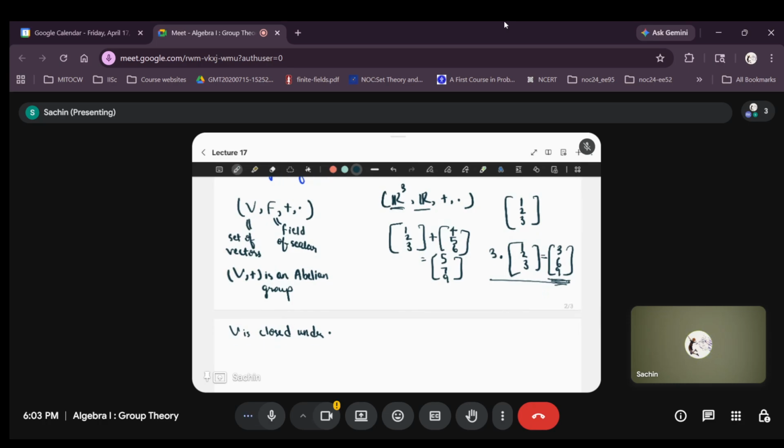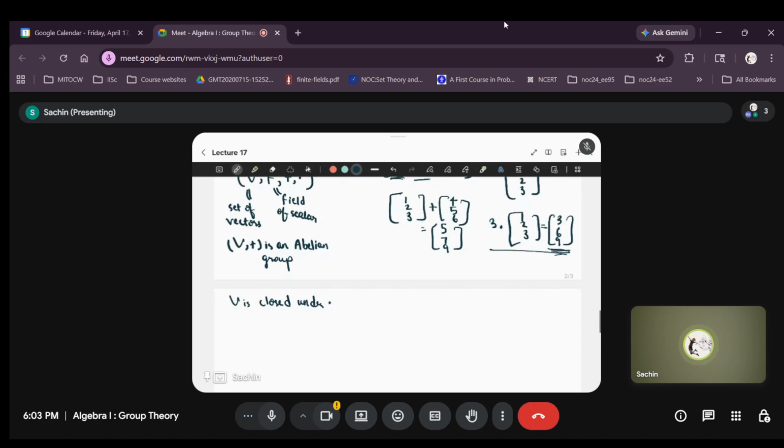Then additional properties are distributive properties. So we have two scalars, alpha 1 and alpha 2, and a vector V. This is the notation we'll use for a vector. We'll underline it.